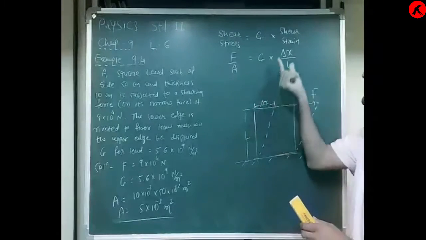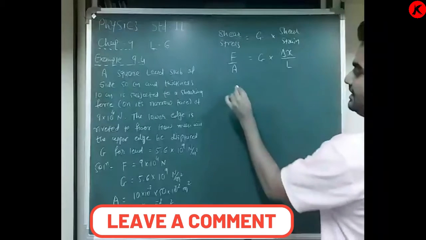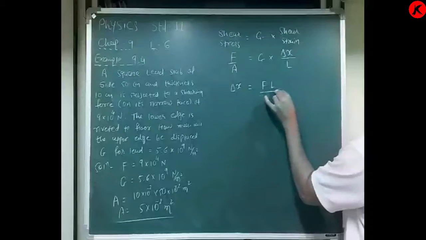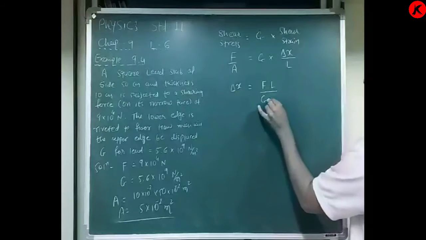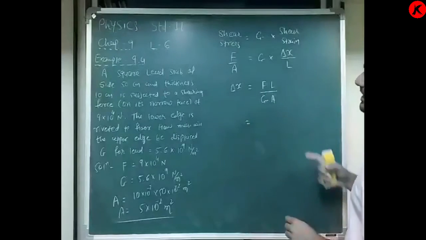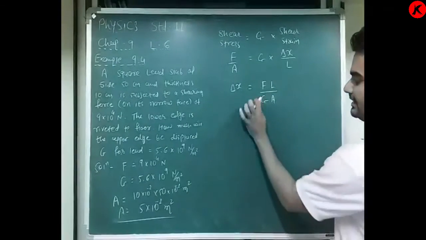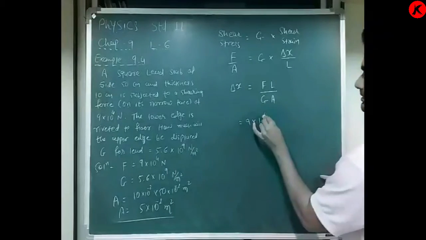What we need to find is the displacement, delta x. So delta x is equal to F L upon G A. What is F? The force is 9 into 10 raised to 4 Newton.